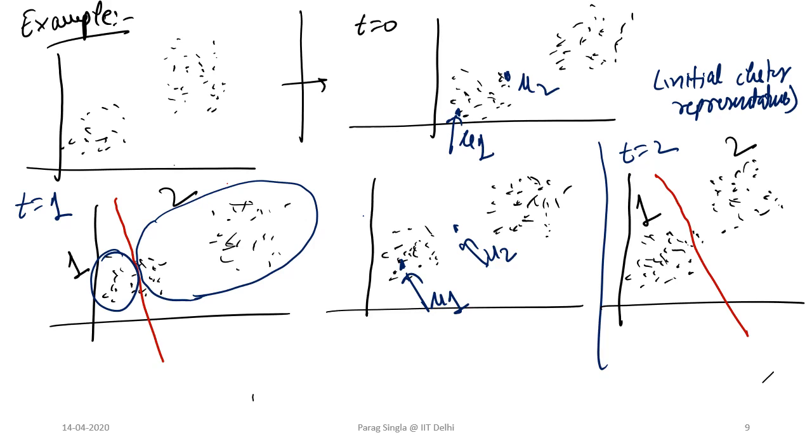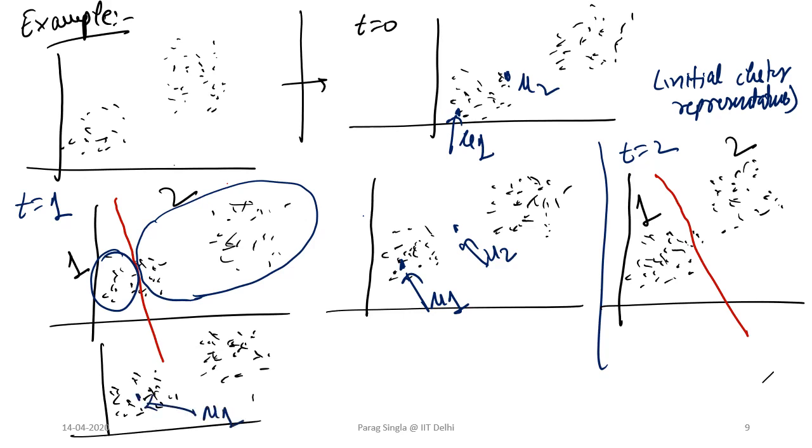And correspondingly, at t equal to 2, we are going to figure out our new mu1 and mu2. So these are the points drawn again, and this time around, your mu1 will almost be where it should be.